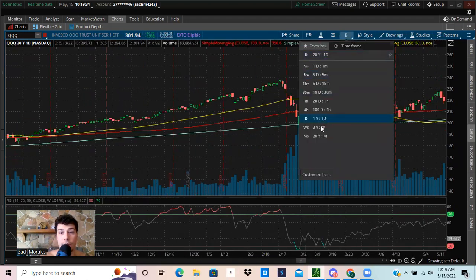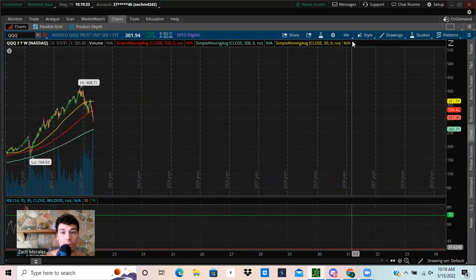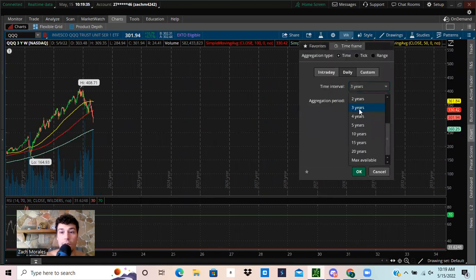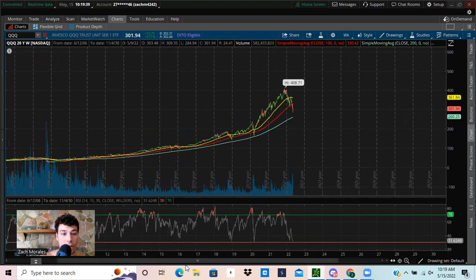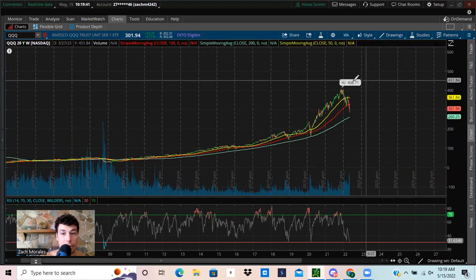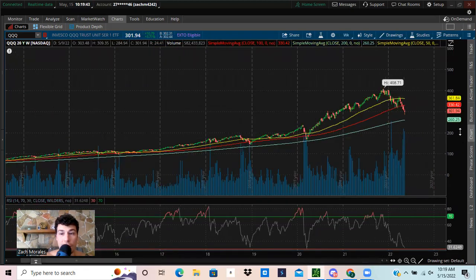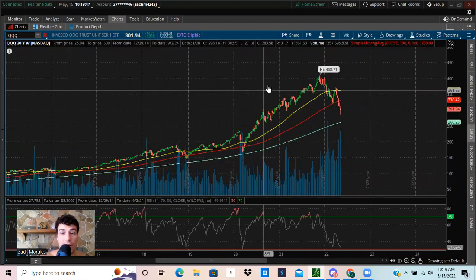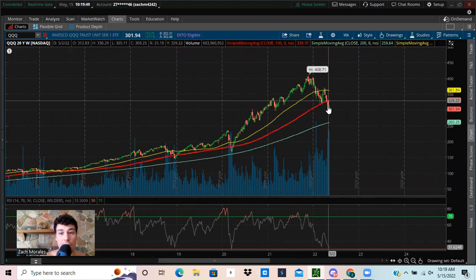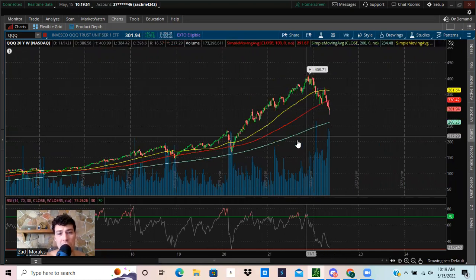And if you zoom out to a different time frame, to the weekly chart, okay, and let's just go back 20 years on the weekly chart. And we can see here on the weekly chart that it actually really never gets very far below the 200 SMA. So using that data, I'm going to look now at the QQQ and say, okay, well, things are not looking good.